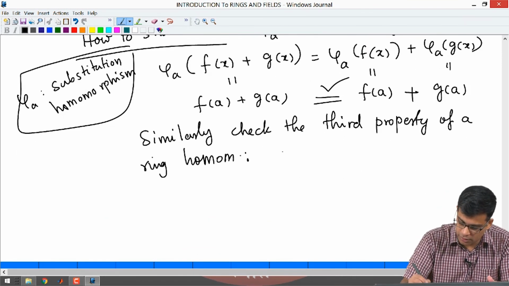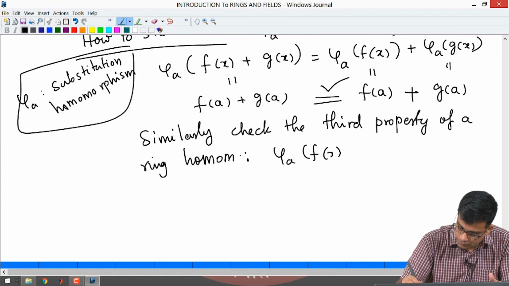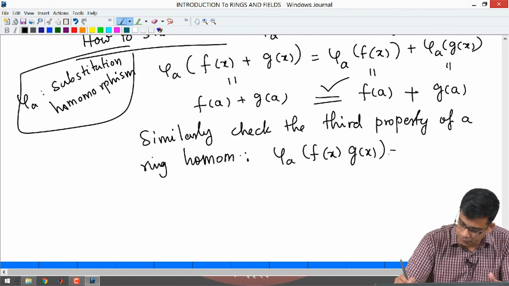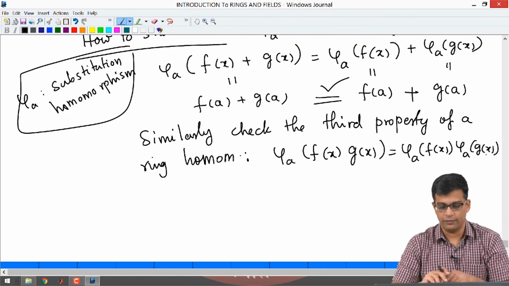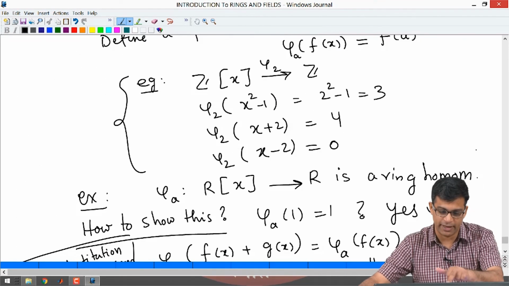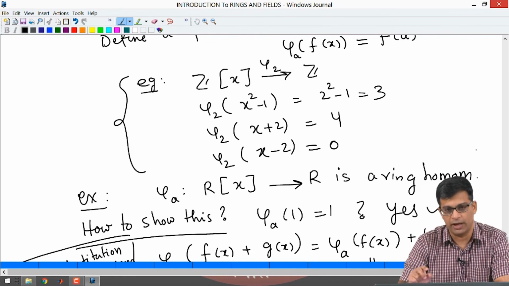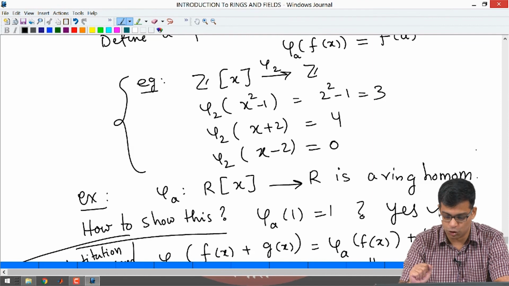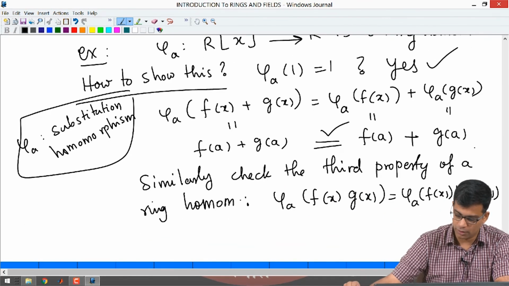I will leave the last check for you: phi a of f(x) times g(x) is phi a of f(x) times phi a of g(x). In fact, I will be happy even if you can check this in a specific example, even if for Z[x] to Z and phi 2 you play with 2 polynomials of your choice and check that this third property of a ring homomorphism holds.